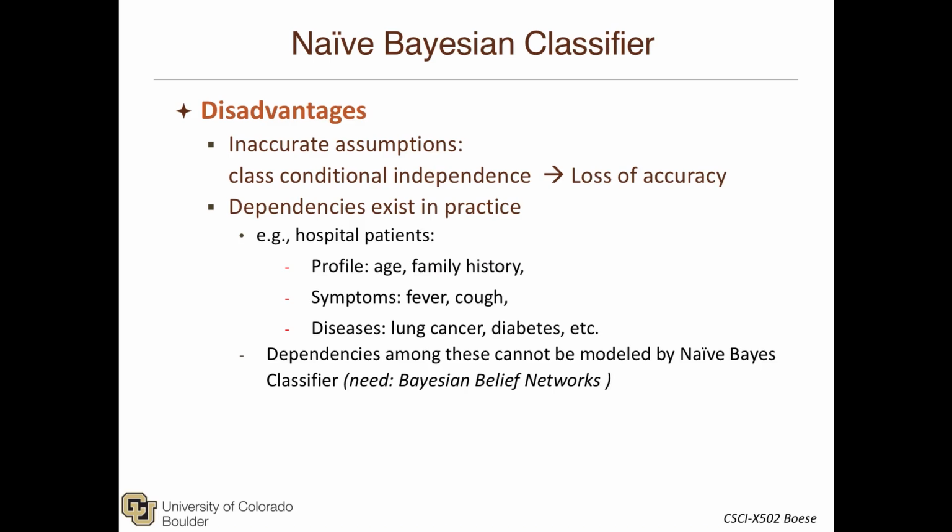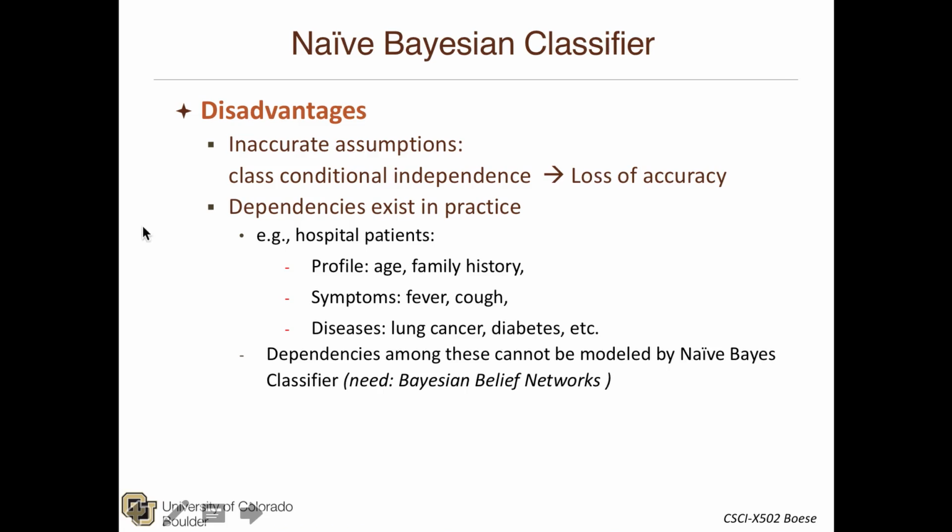Some of the disadvantages deal with the inaccurate assumption of class conditional independence. Here we're saying that features are statistically independent of each other, so the presence of a feature in a class is unrelated to the presence of any other feature, which tends to be unrealistic with real world data.